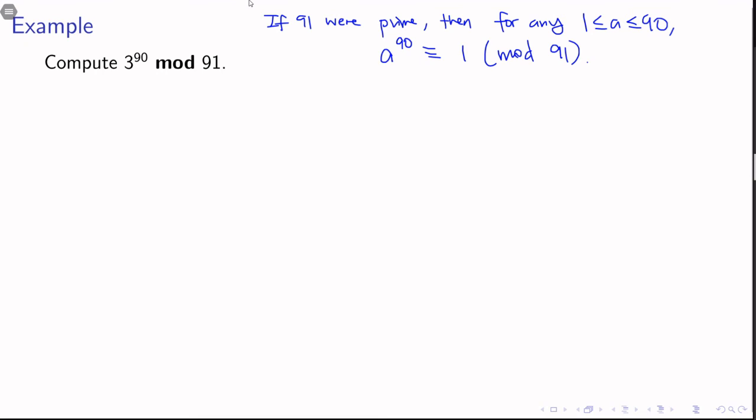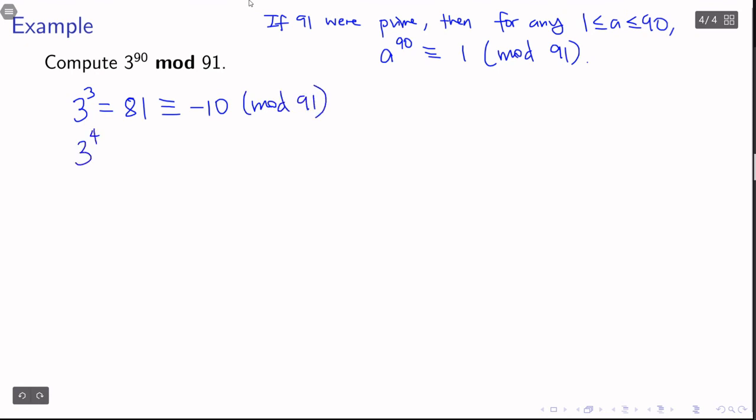Let's look at it for 3. What's 3 to the 90 mod 91? Well, 3 cubed is actually 81, and that's negative 10, so maybe that helps us a bit here. If I multiply by 3 one more time, that's congruent to negative 30. So let's make this 3 to the 5th power. If we actually multiply this by 9, you get negative 90 mod 91.